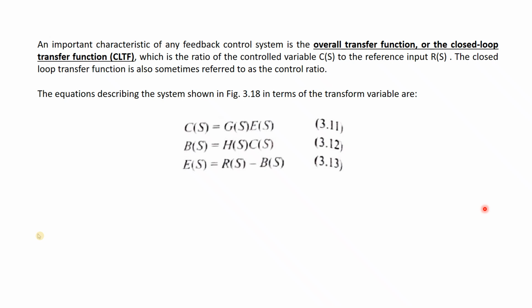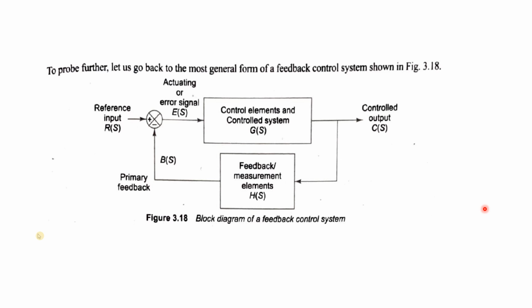Number one, CS is equal to GS into ES. Why? Because GS is equal to CS by ES, which we have already seen.